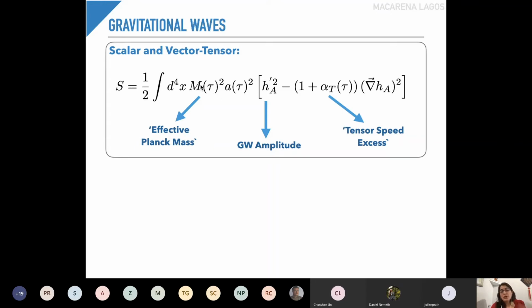But here, I usually assume that we are in the so-called Jordan frame, because I think it's easier to interpret things in that frame. h is the actual metric that couples minimally to the rest of the matter components. You could reabsorb this in a and reinterpret things.